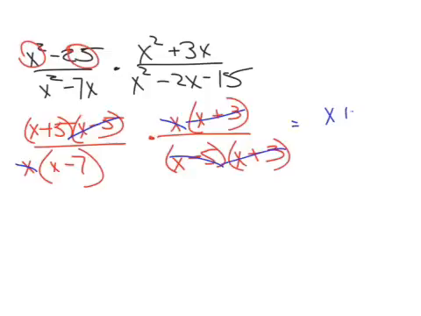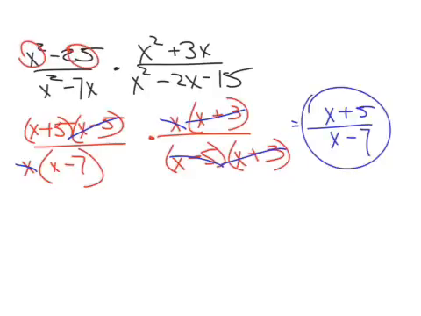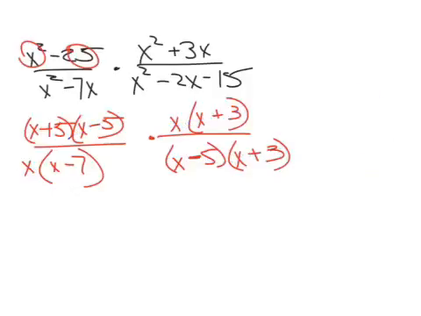What do we have left? That is if you were to multiply this. So it's a lot easier to simplify, cancel, and then multiply than it is to multiply first and then try to cancel and simplify after that.